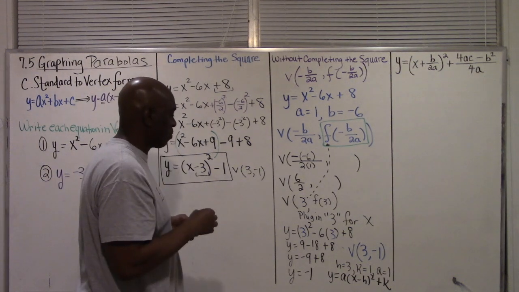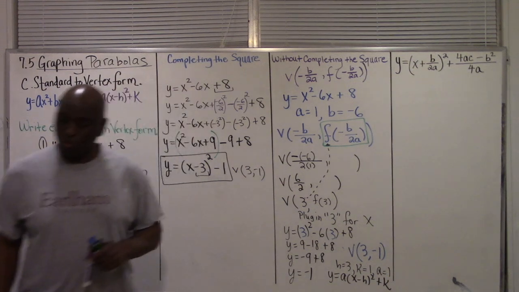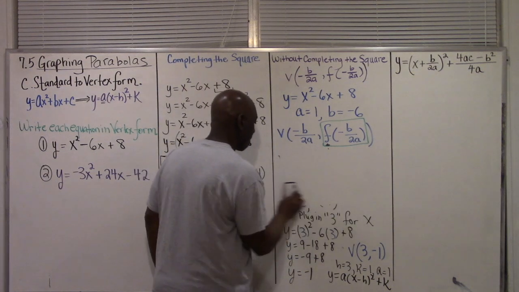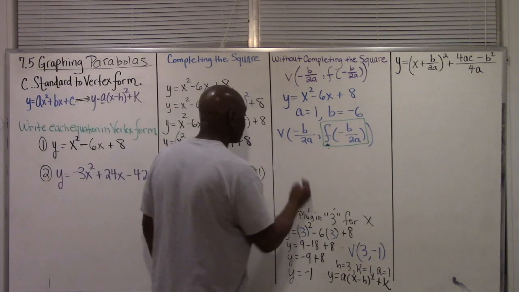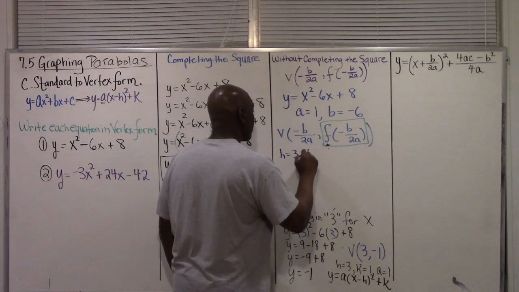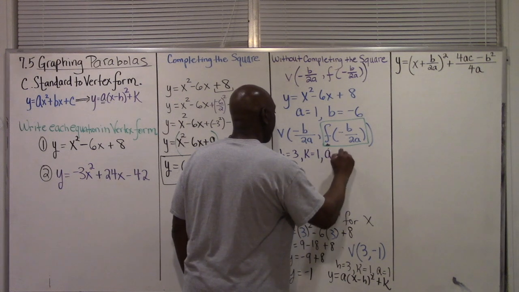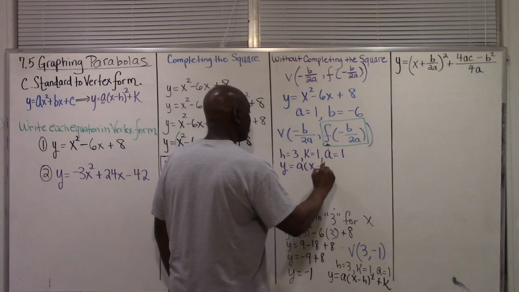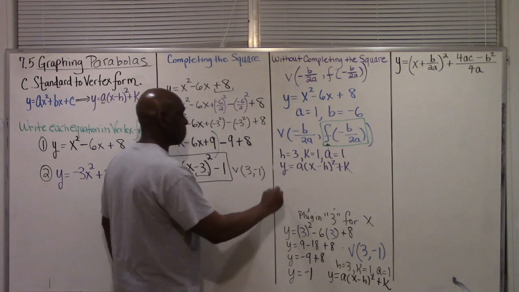If I take those numbers and plug it in, I'm going to get, let me write it up top a little bit. Let me erase this. And let me write it right here in the middle. H is 3, K is negative 1, and A is 1. And the form is y equals a times x minus h squared plus k. Take those numbers and plug it in.